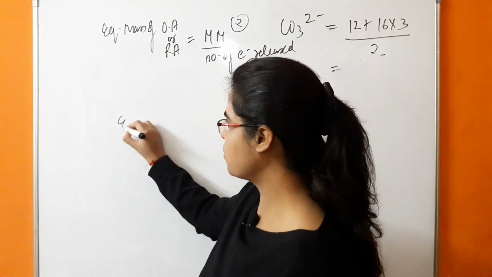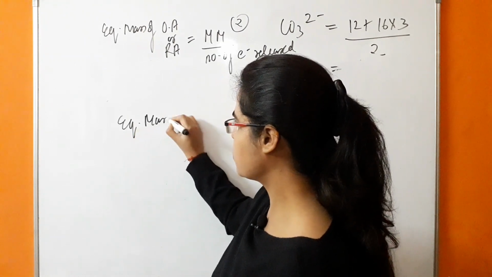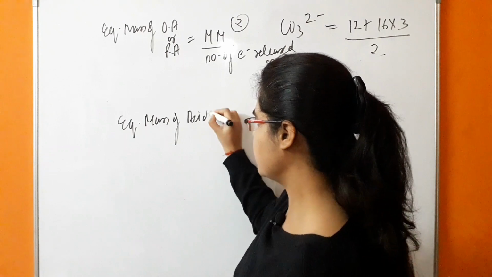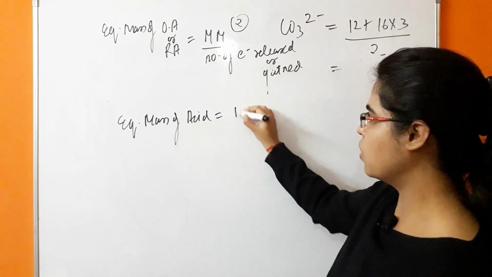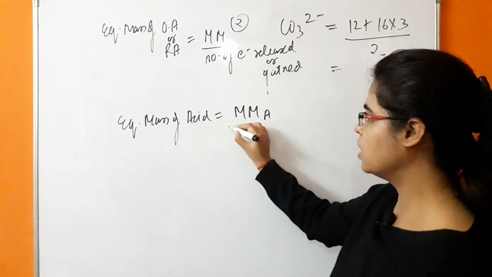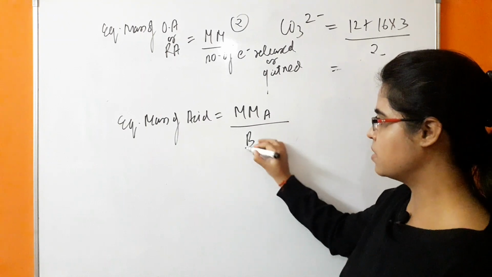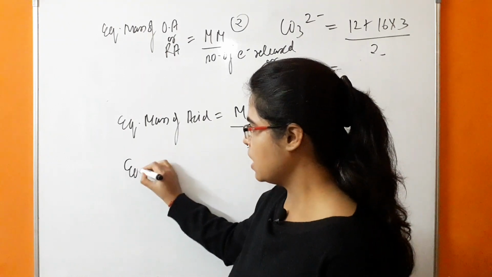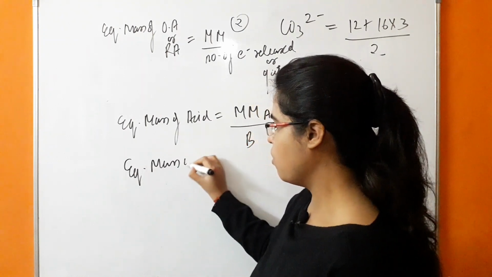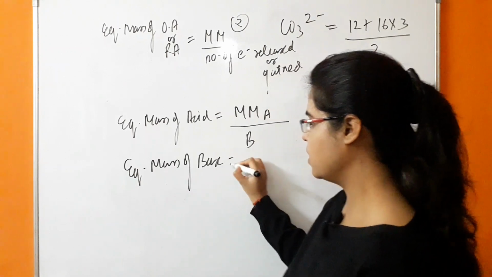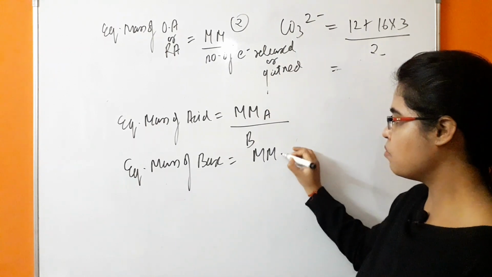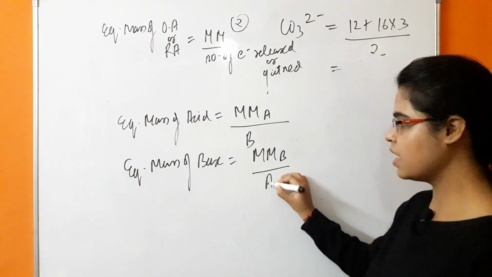Equivalent mass of an acid is molecular mass of acid divided by basicity. Equivalent mass of a base is equal to molecular mass of base divided by acidity.